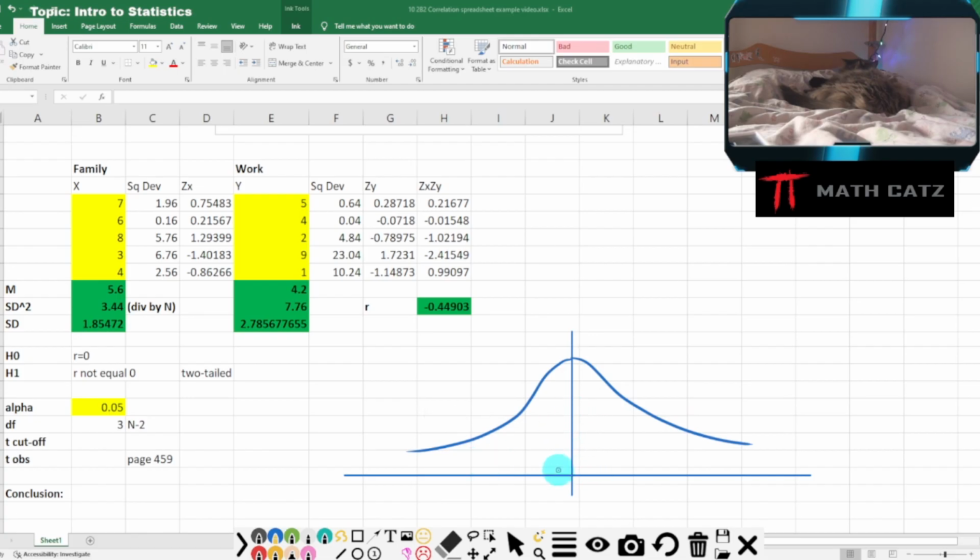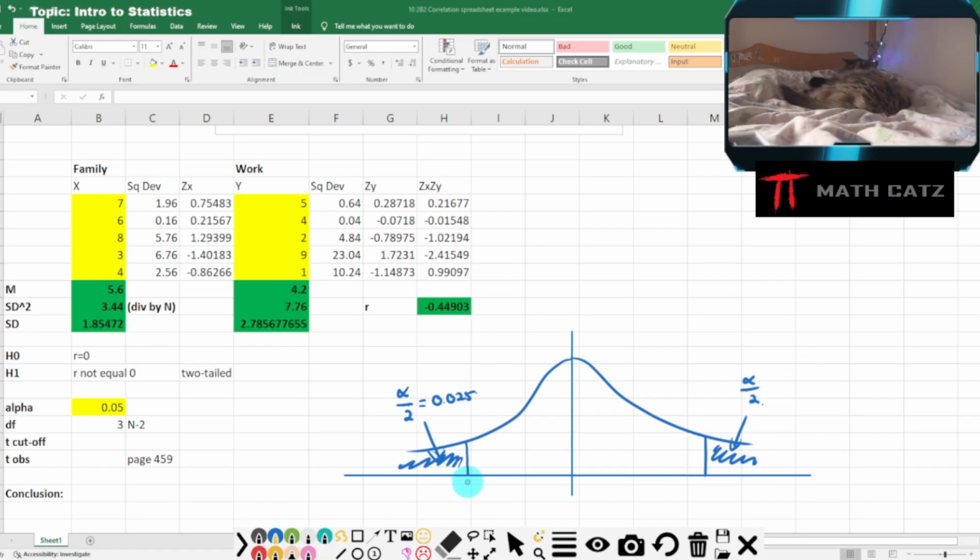So let's visualize this. Two-tailed will mean that my cutoff sits on both sides, so that the area in the tail here is alpha divided by 2. So in our case, 0.025, 2.5% on each side, alpha divided by 2.